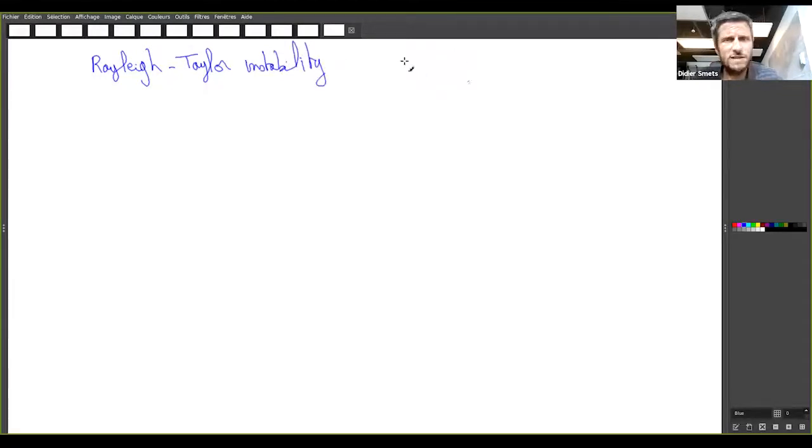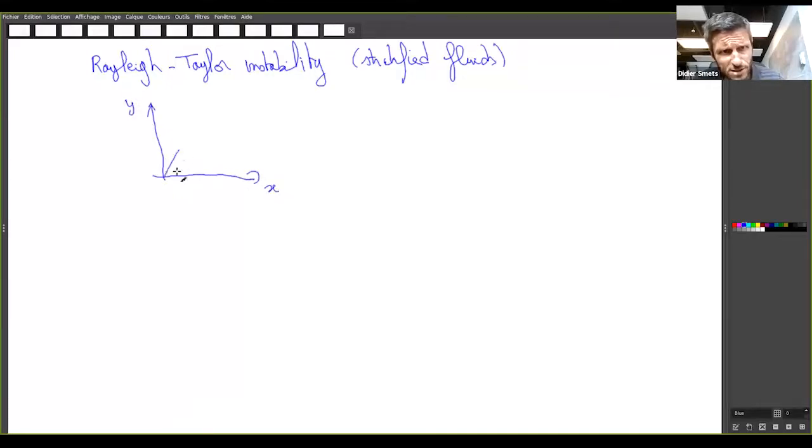So here it's for stratified fluids. So the setting is slightly different. So I take a fluid. Let me try to draw a picture like this. So I have my x and y, and maybe I have a fluid that has, let's say, more density here at the bottom, than here in the middle, and here less than here.